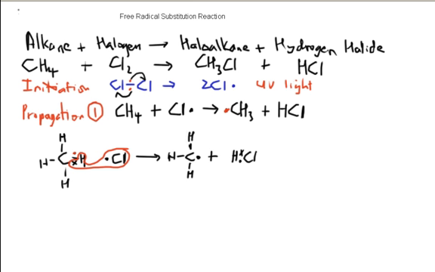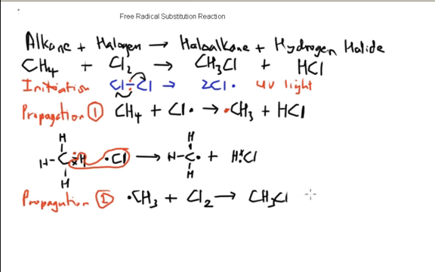Now propagation 2. Now this is where your methyl free radical formed here is very reactive itself with that unpaired electron, and it reacts with a brand new chlorine molecule, so not this one but a new one, and it forms chloromethane and a chlorine free radical.